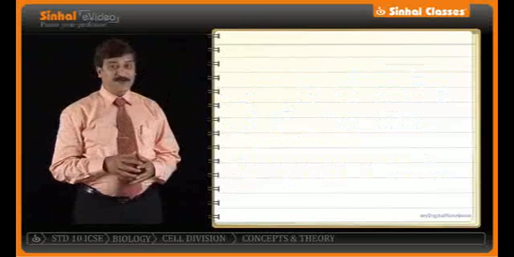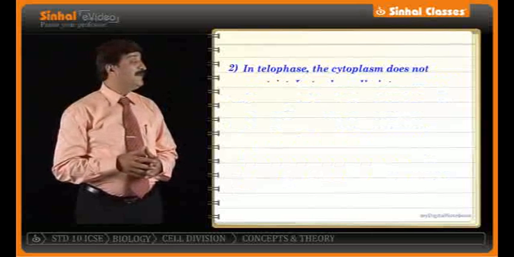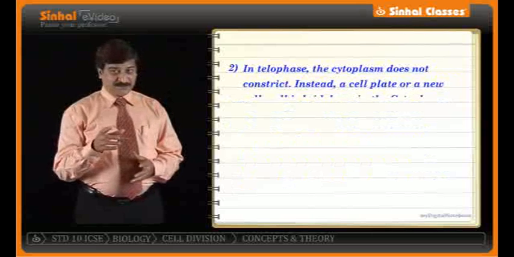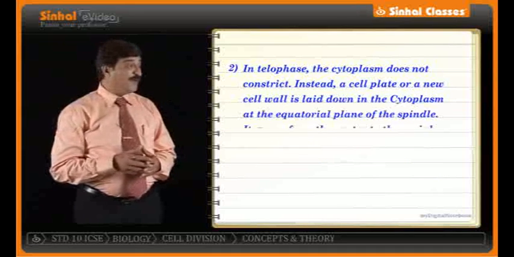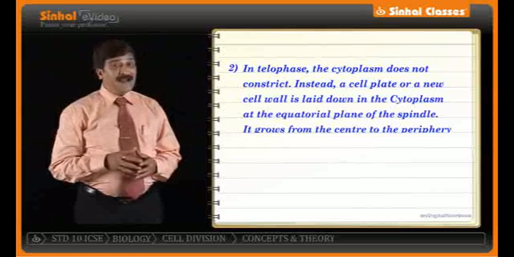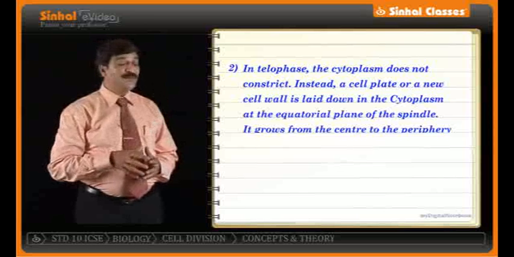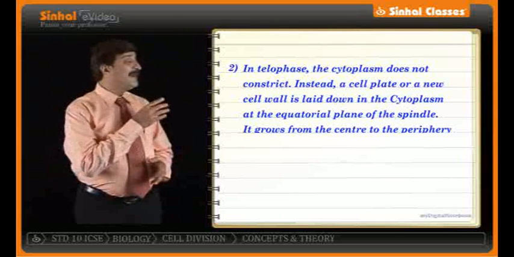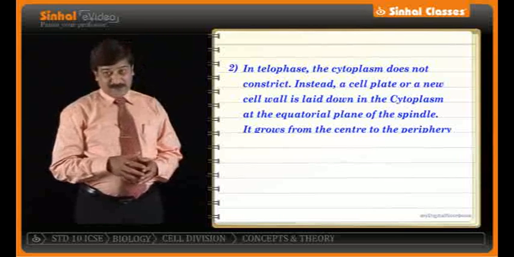That is the very first important difference between the animal cell and the plant cell. Let's take the second one. In telophase, the cytoplasm does not constrict. Instead, cell plate formation takes place and a new cell plate is laid down in the cytoplasm at the equatorial plane of the spindle.